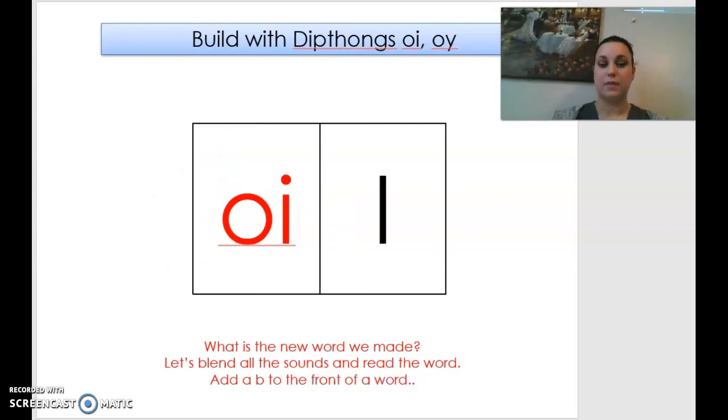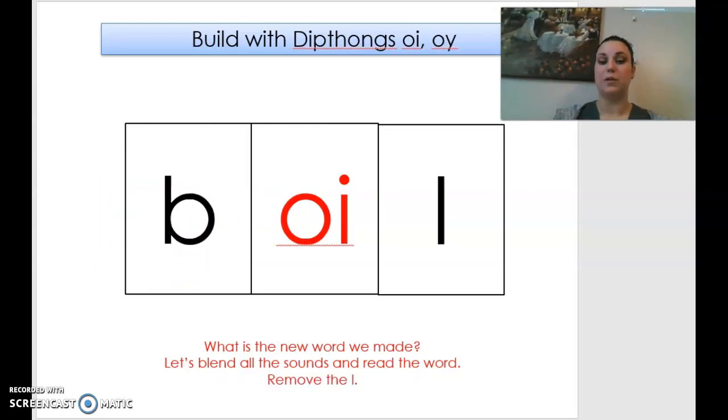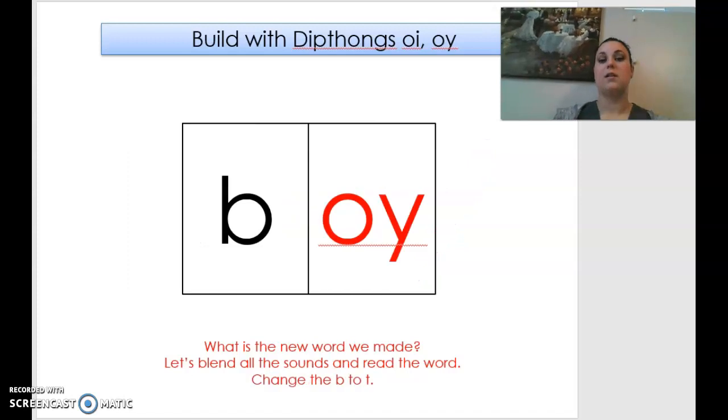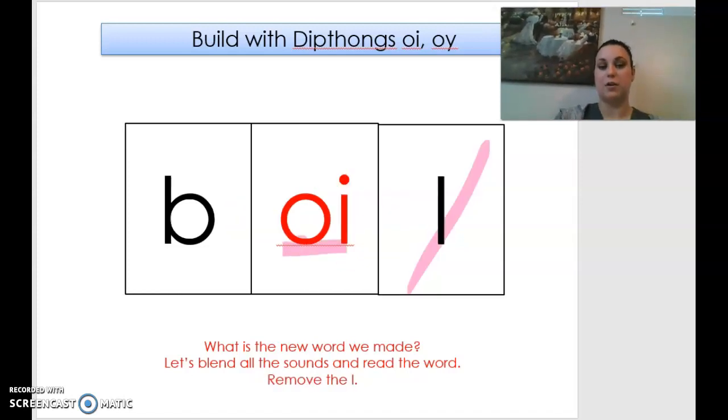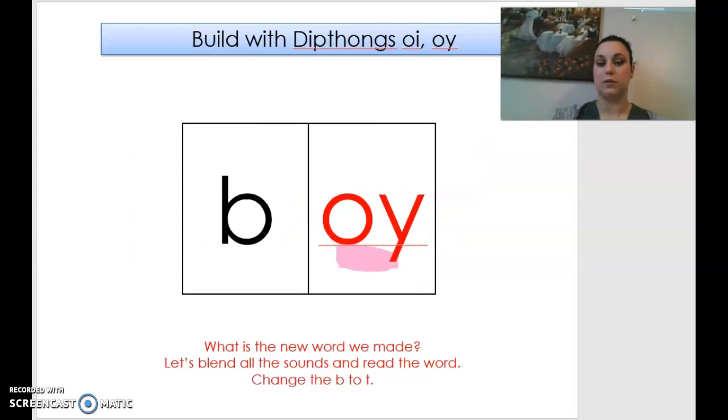Say. Add a B at the front of the word. Think. Say. Boil. Get rid of the L. Think. Say. Boy, and we change the spelling to OY instead of OI because it's at the end of a word.